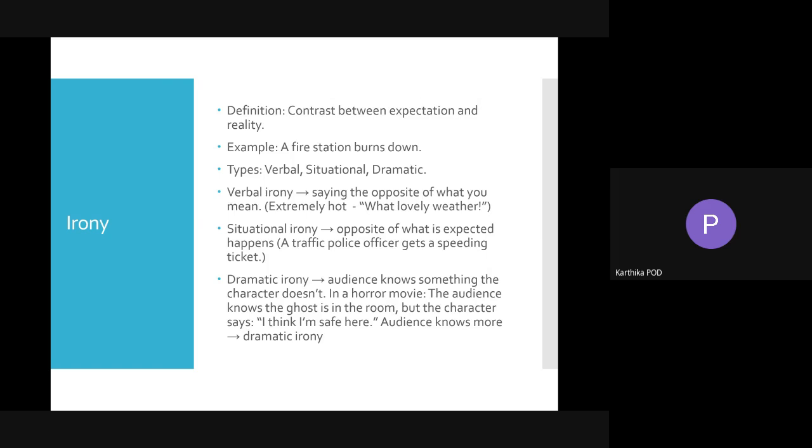Okay. Next is irony. Irony is contrast between the expectation and reality. I'll explain using an example. A fire station burns down. Why is this an irony? Can someone explain?